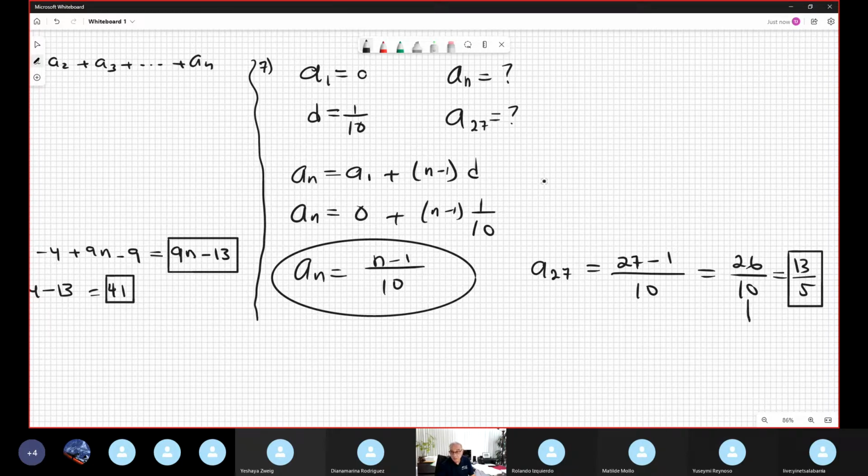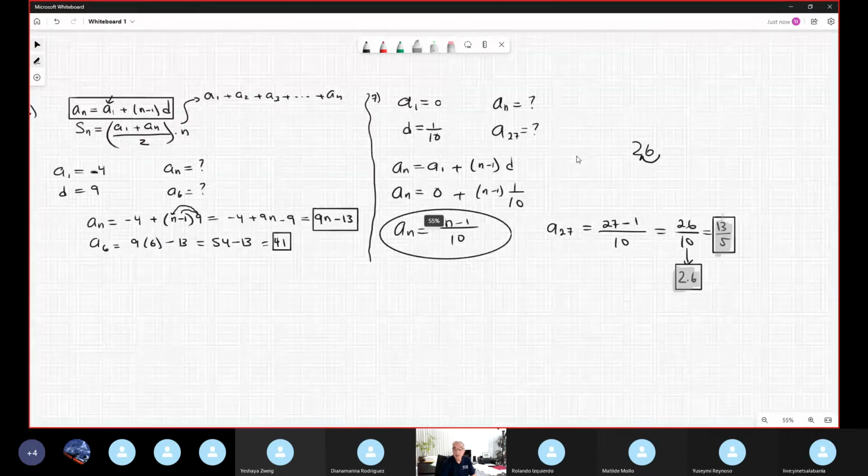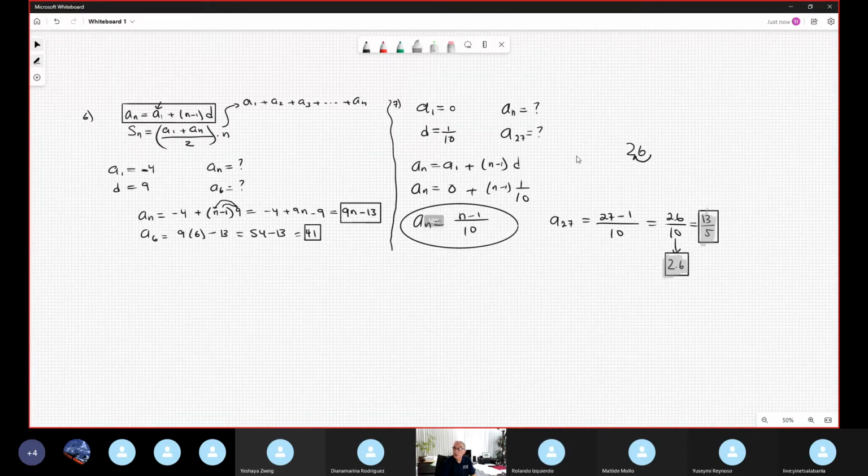The decimal is easy to see, because when you divide by 10, you move the decimal point of 26 one place to the left. Either way, this answer is correct, and this answer is also correct, whichever way you prefer. Everyone follow me? Yes. Okay.